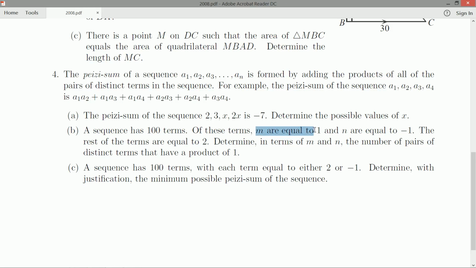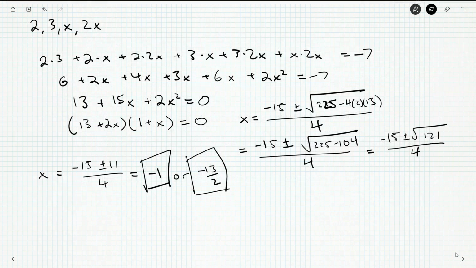So m of the terms are equal to 1, n of them are equal to negative 1, the rest of the terms are equal to 2. So there are only three possibilities. Actually, no, it's four possibilities, I guess.